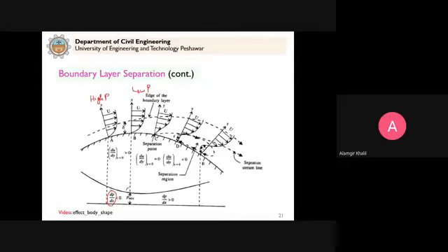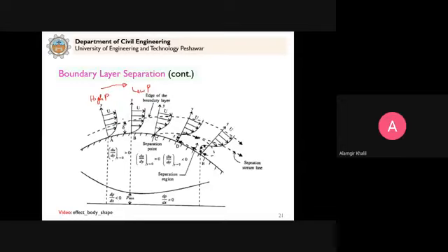The minimum pressure is here, low pressure. So we are moving from higher pressure to low pressure. This is known as a favorable gradient, because we move from high pressure to low pressure. Clear?